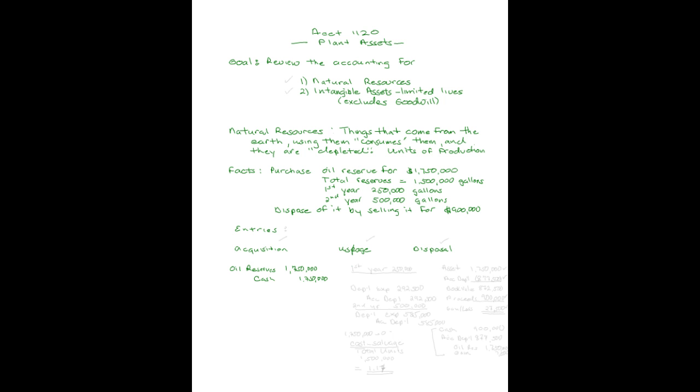The first year, it says we harvested 250,000. How would you calculate that? Well, let's see. Our formula was cost minus salvage divided by total units we'll be able to produce. That's units of production. Our cost was $1,750,000.